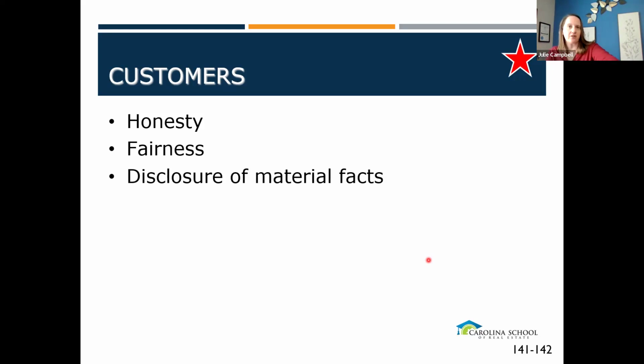And the seller shares a material fact with me. Julie, every time it rains hard, the basement floods. If you were buying this house, would you consider that material? Would you consider that important? You got to deal with a flooded basement every time it rains. So the seller looks at me and says, the basement floods whenever it rains hard. Shh. Don't tell anybody.